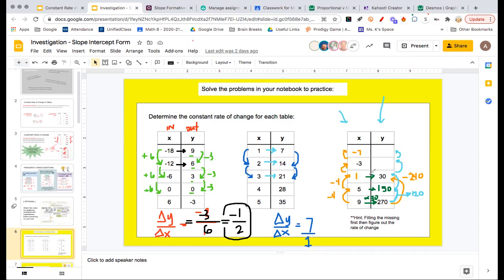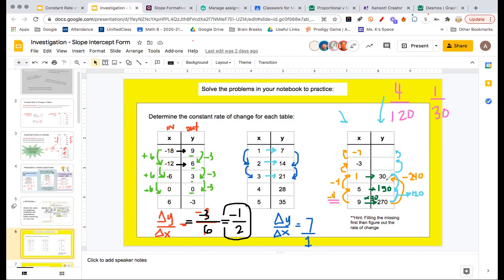Because this relationship is a 1 by 30. So if this were going by ones, let's say it went +1, +1, +1, +1, then this would be +30, +30, +30, +30. But on our left hand side, it's not going by ones, it's going by 4s. So if we notice, 4 to 120 is the same as 1 to 30.